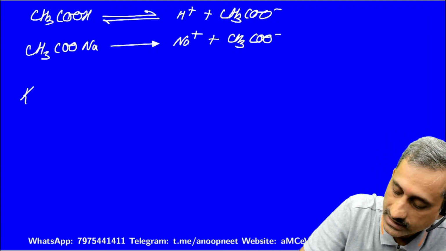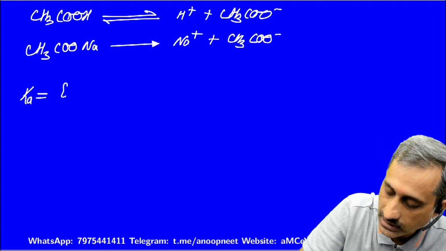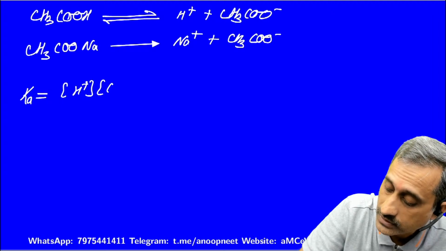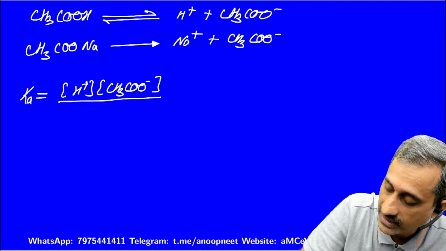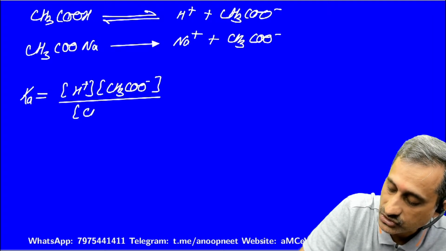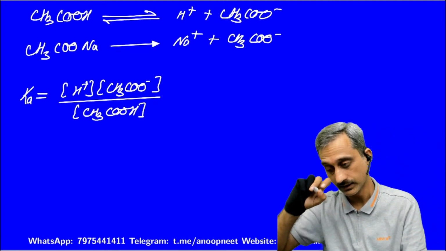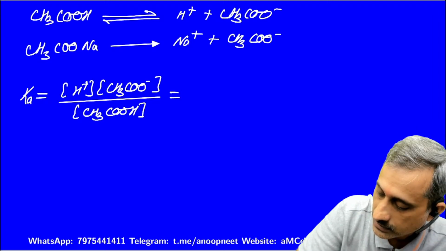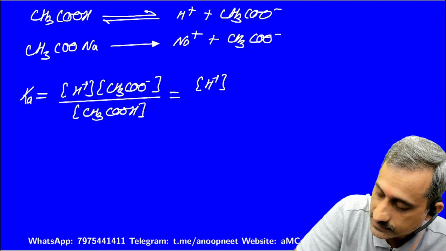Now, Ka of acetic acid is equal to the concentration of H plus into concentration of CH3COO minus divided by the concentration of CH3COOH. ठीक है, अब ये आ जाएगा concentration of H plus.